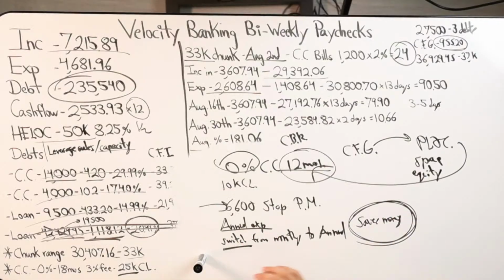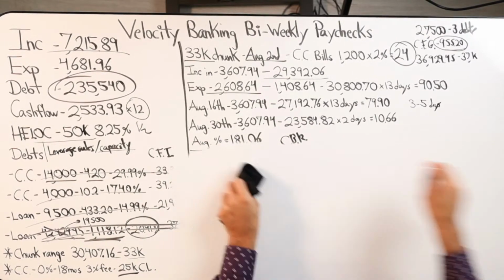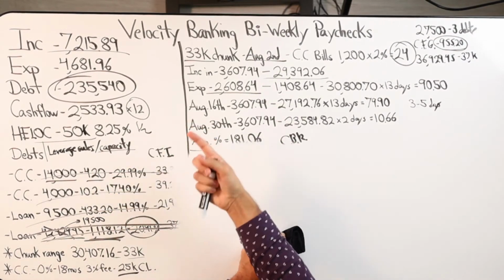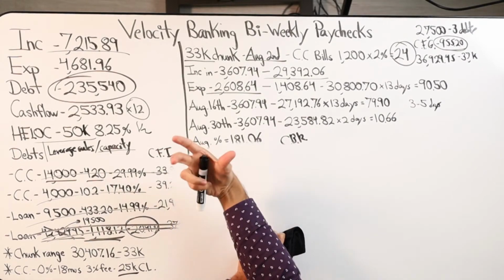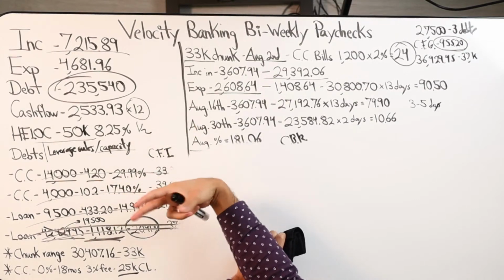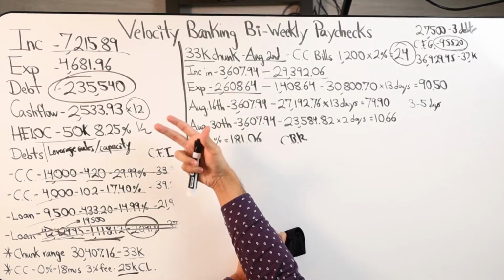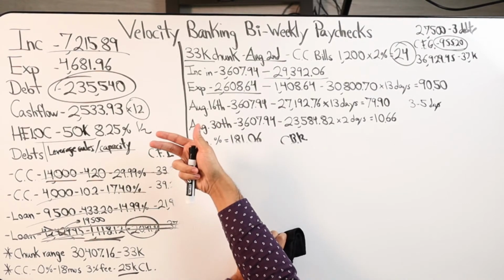Prime example, going back to this case study here. If all this guy did was the initial chunk of the 33 grand, and then just made extra payments back to the HELOC, they're going to get out of debt faster than the person just making extra payments without the HELOC.